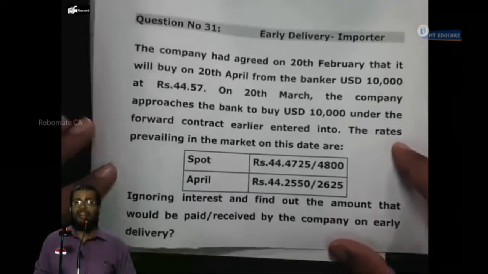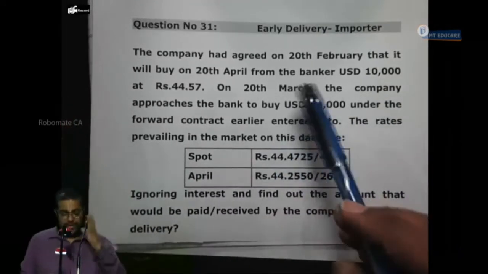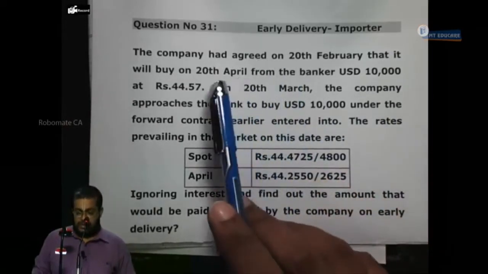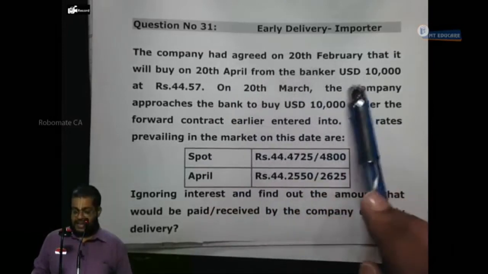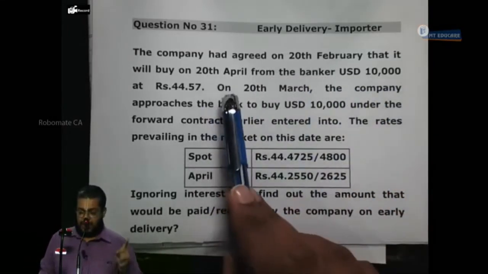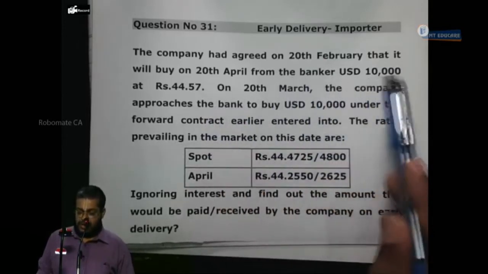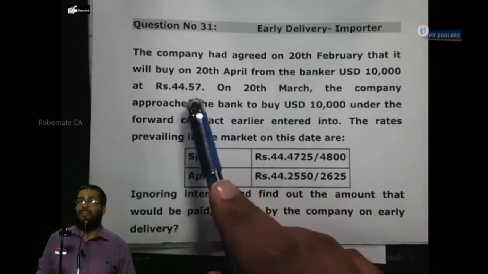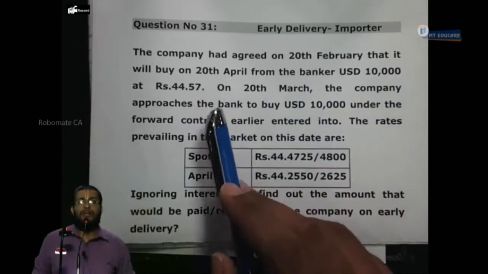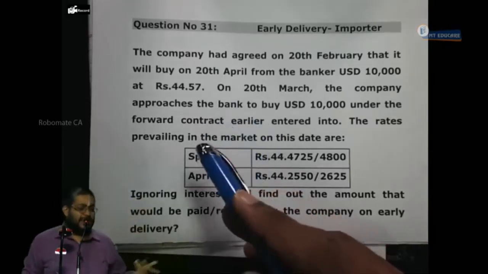That is question number 31. Can we start? Okay, now. The company has agreed on 20th Feb that it will buy on 20th April from the banker US dollar 10,000 at 44.57. Do I want this rate or I do not want? Do not require, because the original rate is not required.